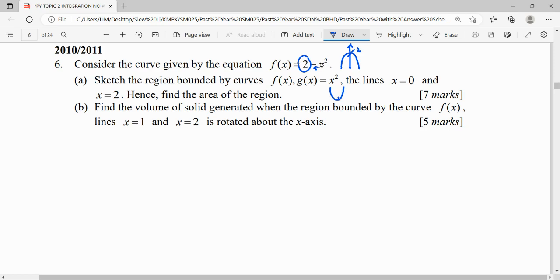So the intersection here will be at 0. For the first f(x), quadratic, curving down, intercept at 2. So remember to label your axis and your curve.